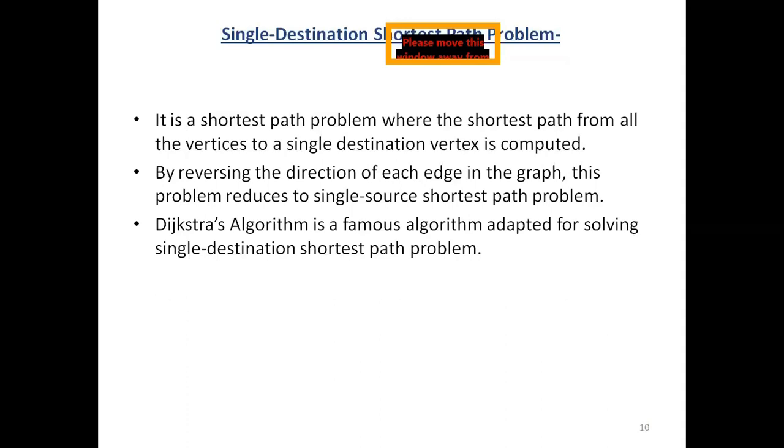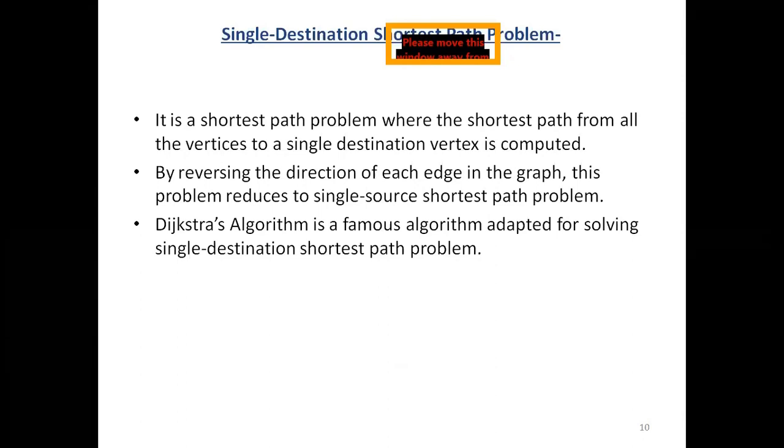Single destination shortest path problem. It is a shortest path problem where the shortest path from all the vertices to a single destination vertex is computed. By reversing the direction of each edge in the graph, this problem reduces to a single source shortest path problem.